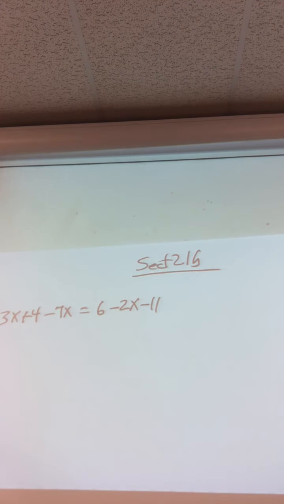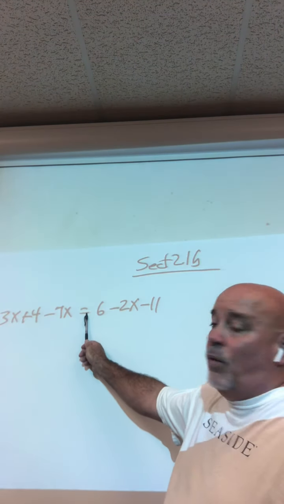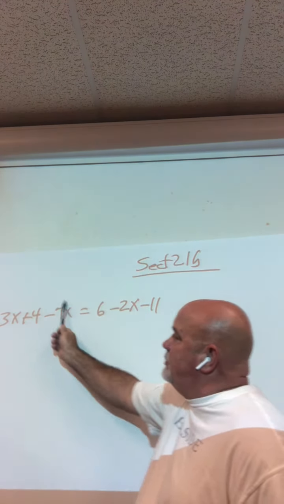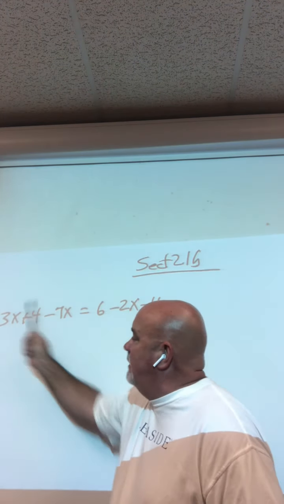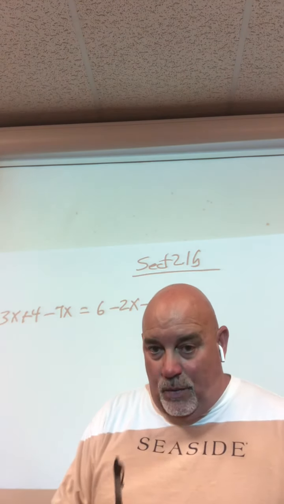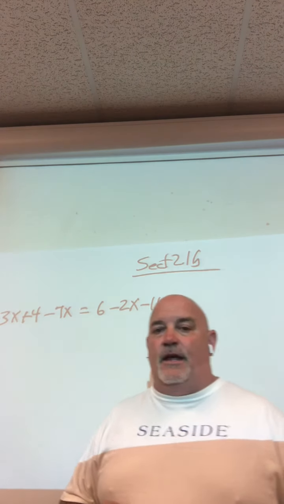Okay, now let me say this before I start the process. Whenever you're solving an equation, if you can do anything to simplify the left side or simplify the right side, always do that first. Now, why didn't I mention that in the other problems?